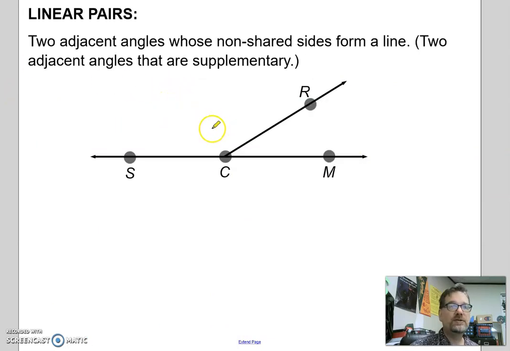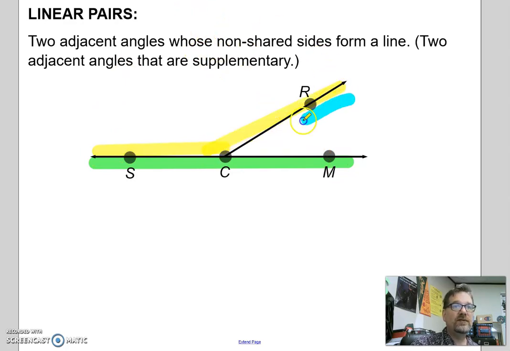So let's talk about linear pairs. A linear pair is two adjacent angles, which means they share a side, and the sides that they don't share make a straight line. So if you notice right here, the whole is a straight line. We have the yellow angle and we have the blue angle. Together, they make a straight line. There are always 180 degrees in a straight line. We learned that from straight angles.